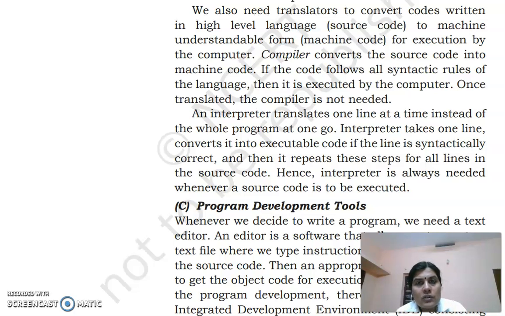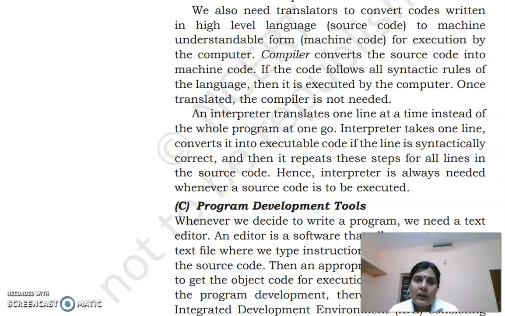The interpreter also converts in the same way, but the working is different. When we use a compiler, the whole program is converted into machine language, and once the program is translated, no compiler is needed. Suppose we have written a program in high level language and it is converted by the compiler, then to run that program again no compiler is needed.